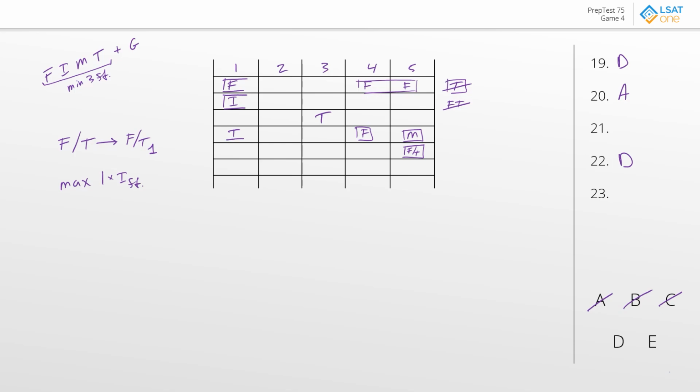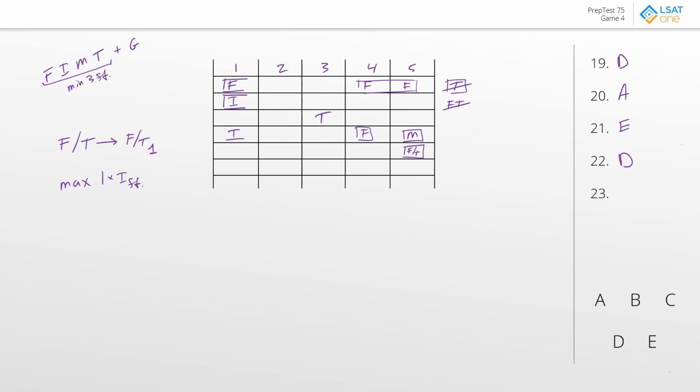That means that number 5 wouldn't have had to be one of F or T. The intended interpretation for this particular question by LSAC, though, seems to be to say that when you claim that everything except for number 5 is I or M, that means that 5 can't be I or M, which is certainly questionable. That said, this is just an ambiguity that I guess LSAC expected you to account for, so it is what it is. So the best answer here still ends up being answer choice E.